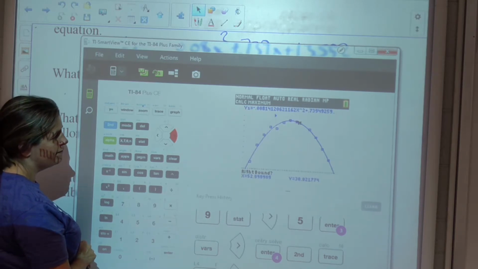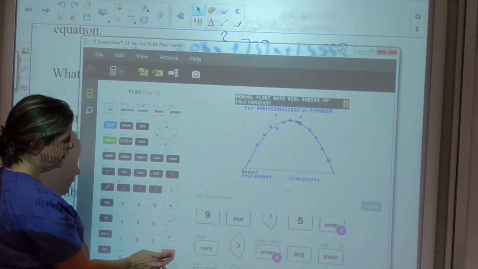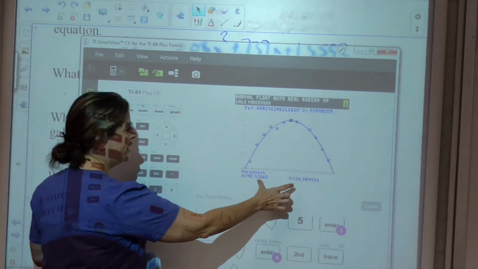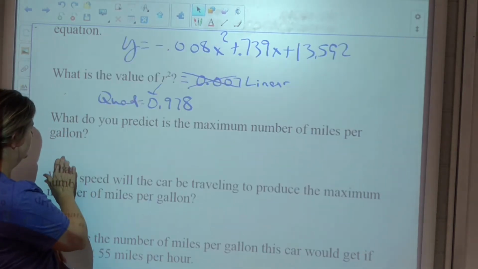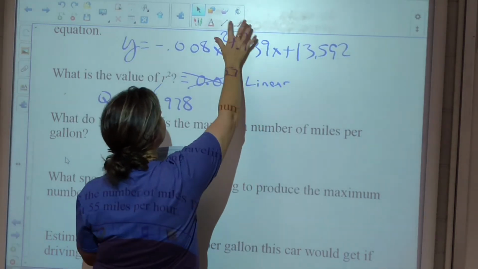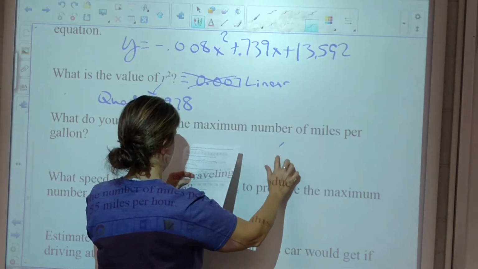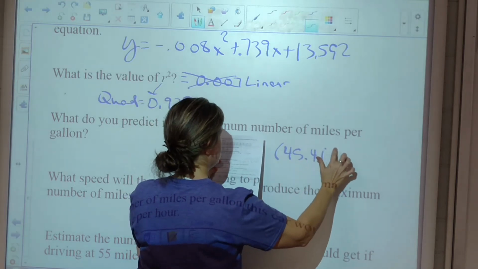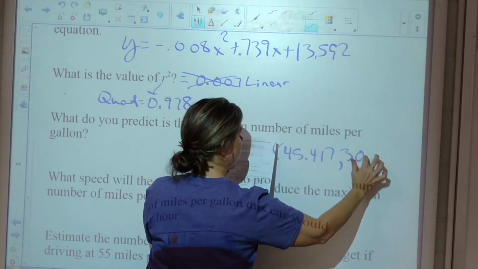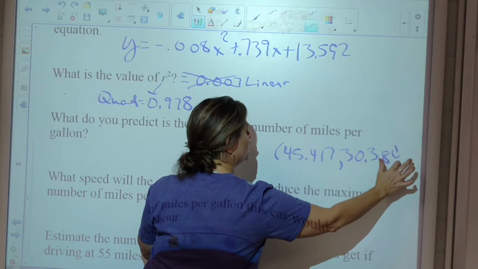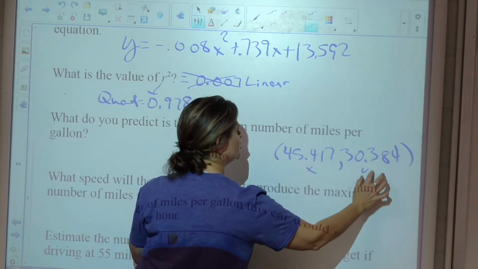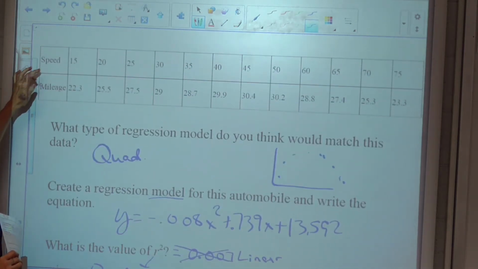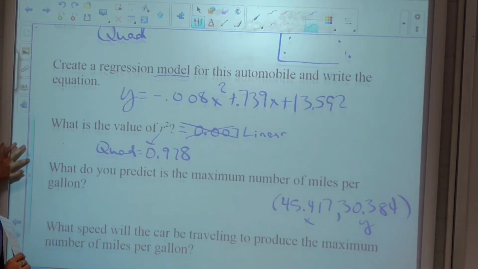And we'll choose that value and have it guess the maximum, which it's going to give you an x and a y value. And that x and y value for the maximum wound up being 45.417 and 30.384. Remember, this is your x, this is your y. Our x up here represented speed, and the y represents gas mileage.